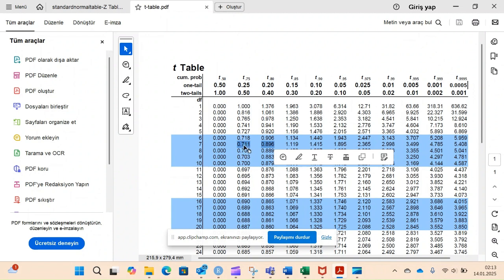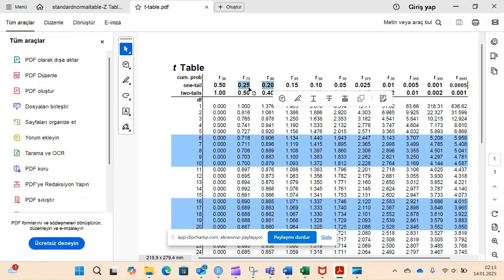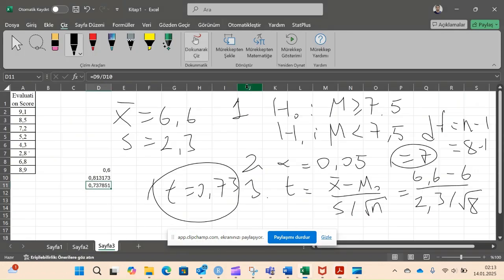So for the t value of 0.73, it's between 0.71 and 0.89, and so the p value will be between 0.25 and 0.20. So the p value is higher than 0.20, less than 0.25. We cannot find the exact p-value.